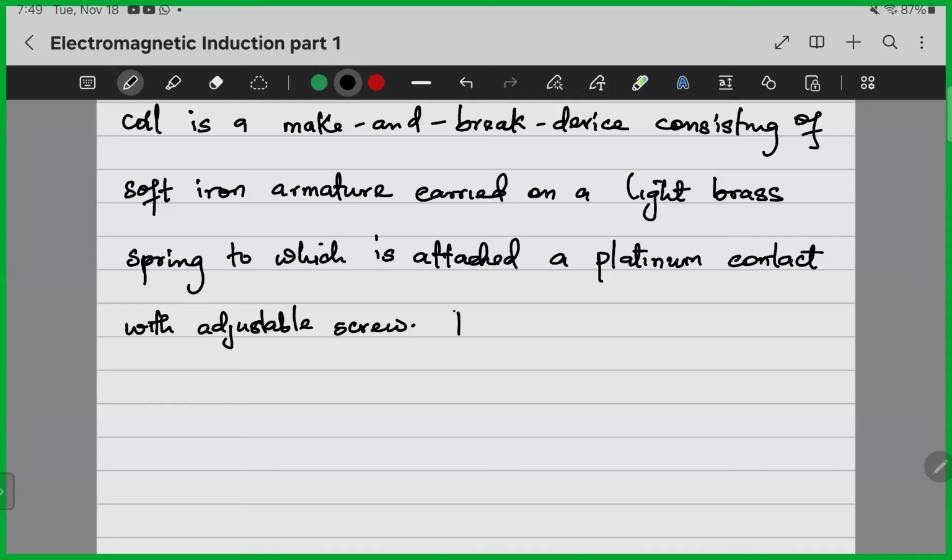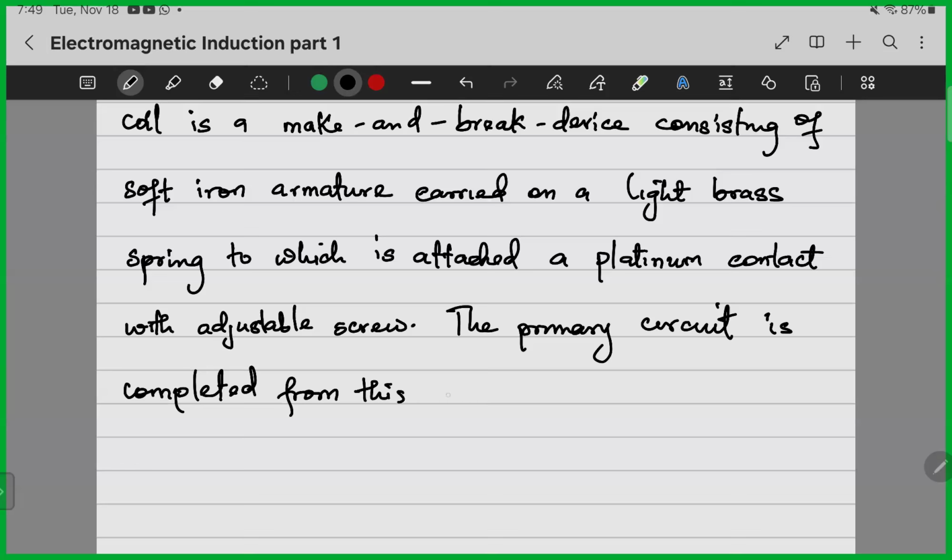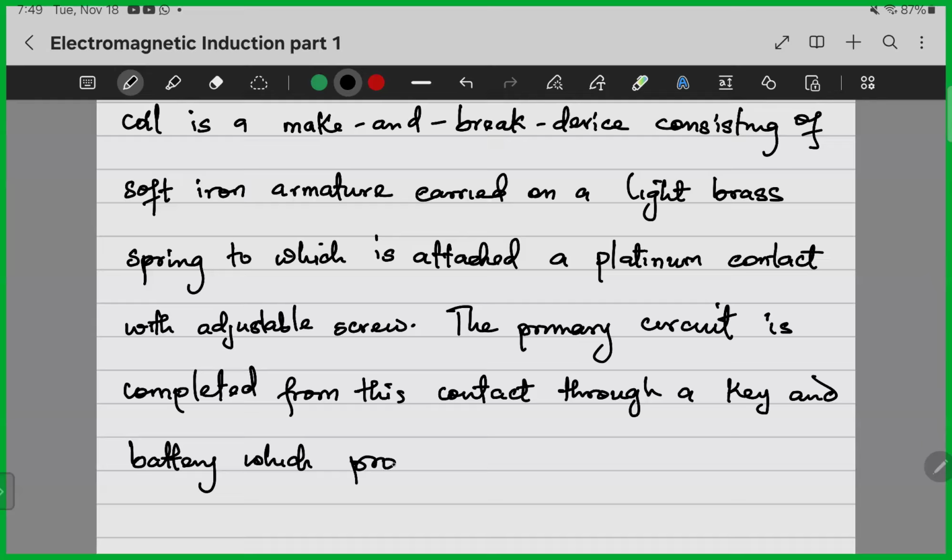So the primary circuit is completed. So these are just important points. From this contact to a key and battery, which provide the current.